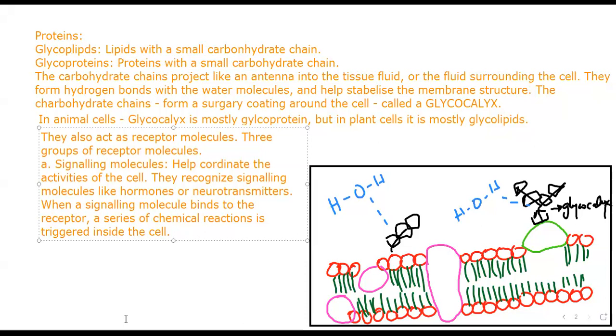When it binds, a series of reactions will start inside the cell. And the ultimate result of those reactions would be that the glycogen, the stored form of glucose, will be broken down to release glucose, right? So that is how a signaling molecule works. And we will study the signaling process in a bit more detail.